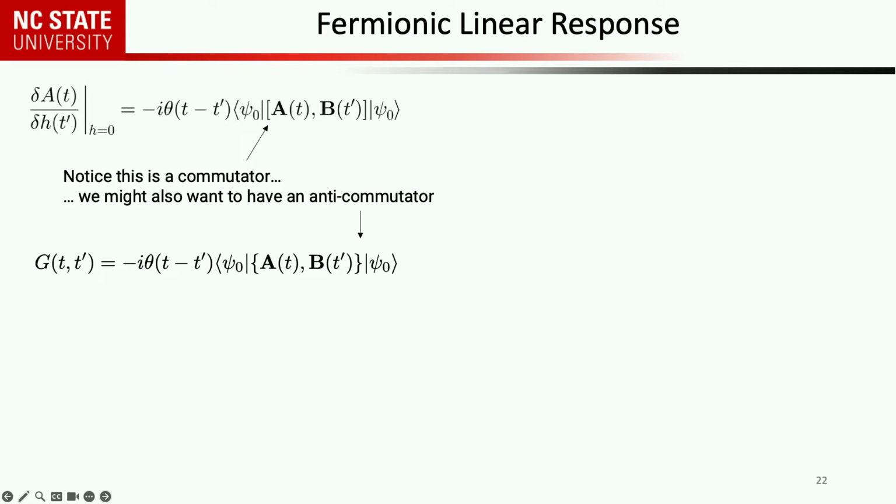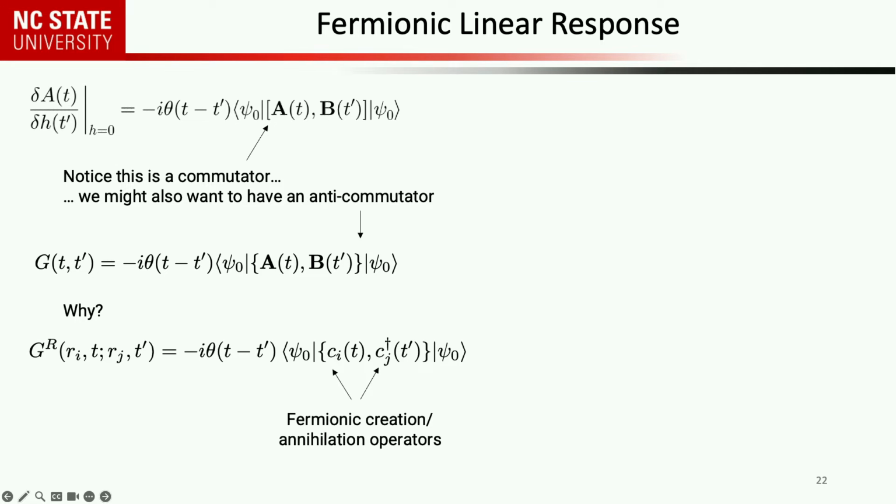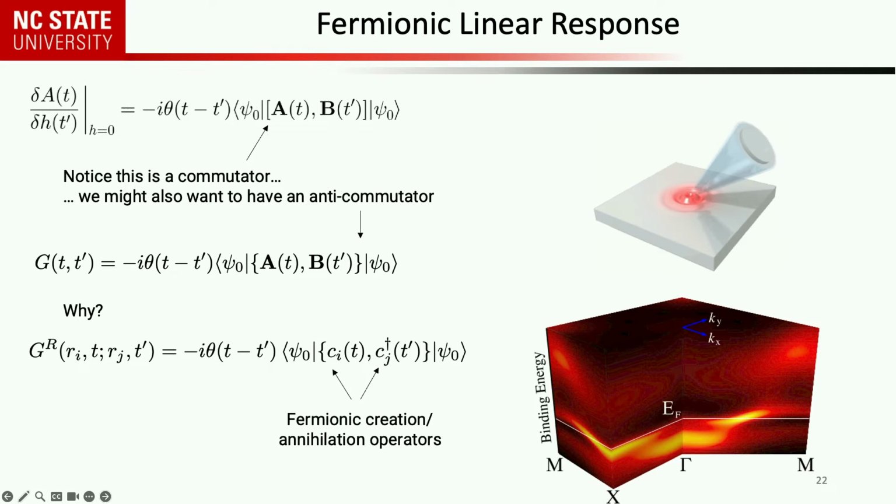This is precisely why I want an anti-commutator, because all of the fermionic correlation functions that I might want to measure involve anti-commutators. And one of the really big experiments in condensed matter physics is this thing called photoemission spectroscopy that measures electron spectra. So being able to do anti-commutators is also important.